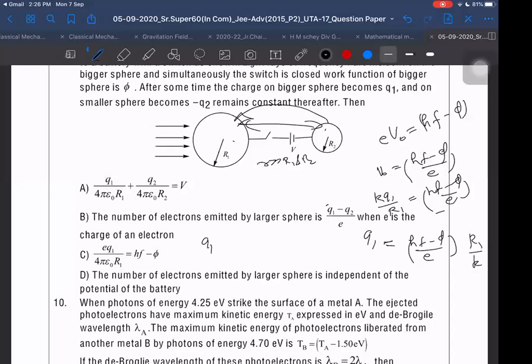That is also another unknown. Q2 will be, if I assume the distance between them to be not that much large, then I will add one more term here. It will become plus K into Q2 by R.